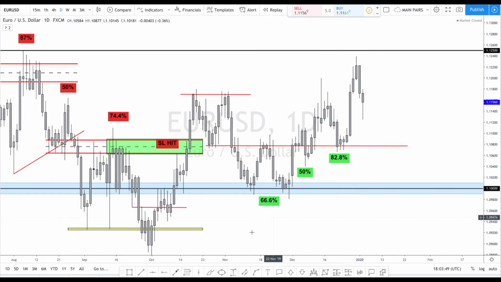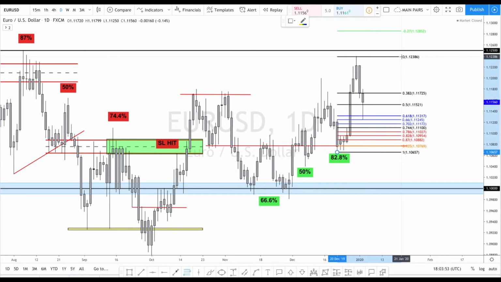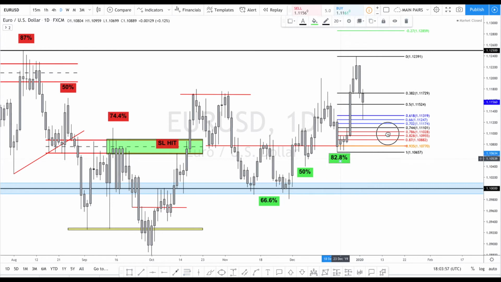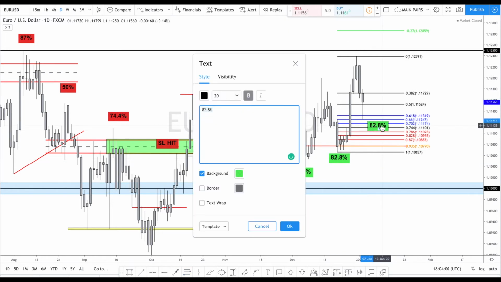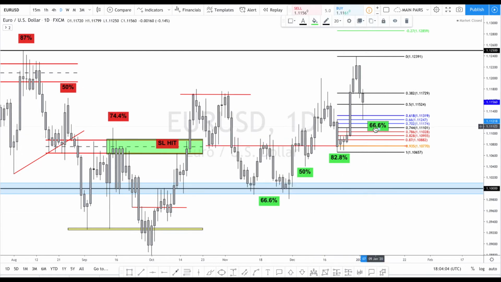And then now let's have a look at our fib again, A, B, C, which now we seem to be around our 66.6% pullback. So already we look like we're starting to reject from this area.